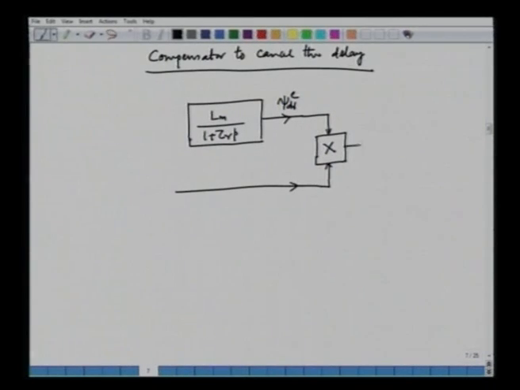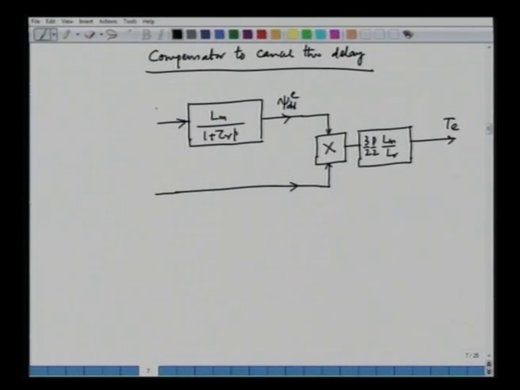So, these are multiplied, and then what we have here is 3 by 2 p by 2 Lm by Lr. This is the torque.